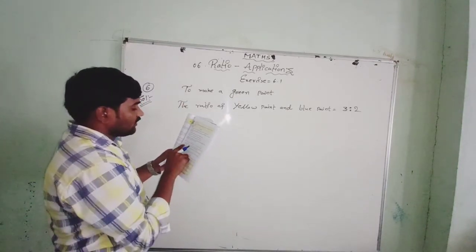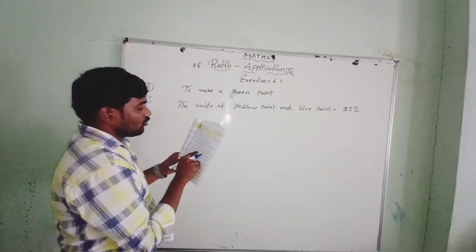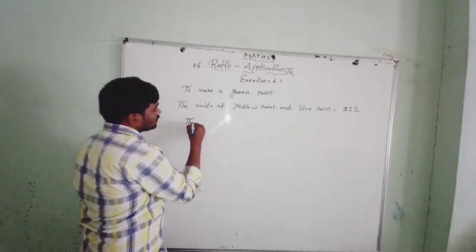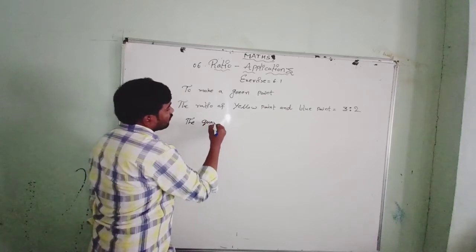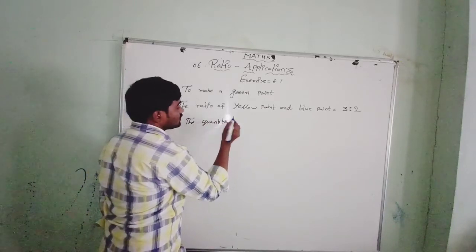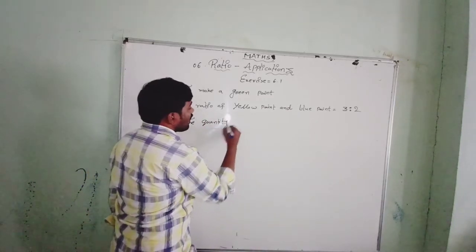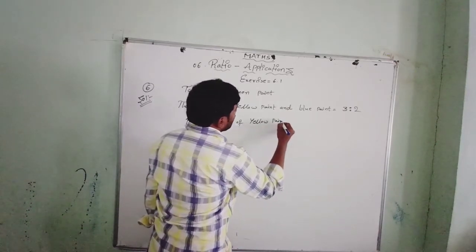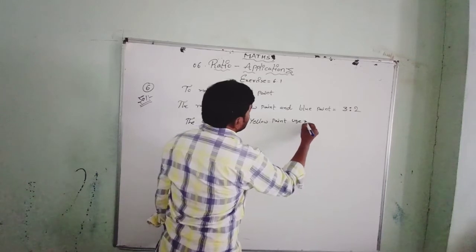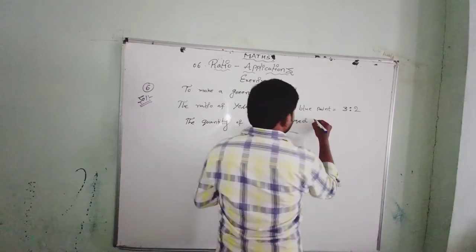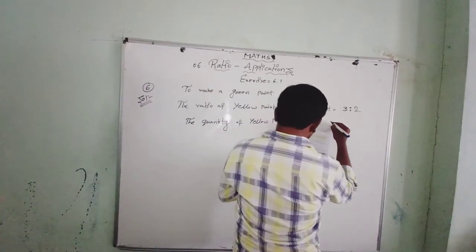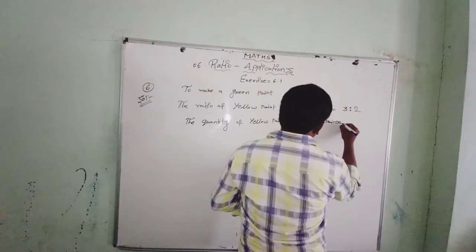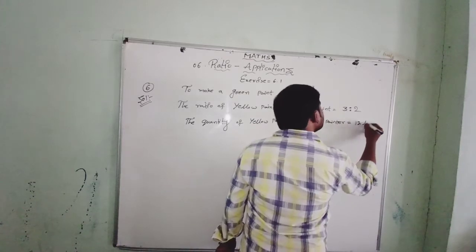Now if he used 12 liters of yellow paint, the quantity of yellow paint used by painter equal to 12 liters.